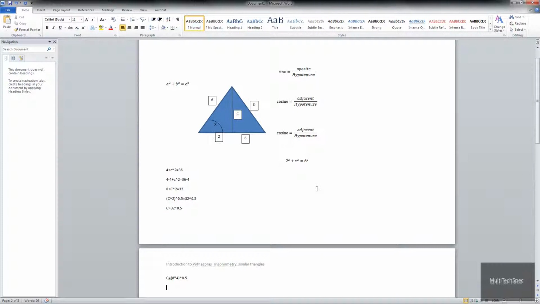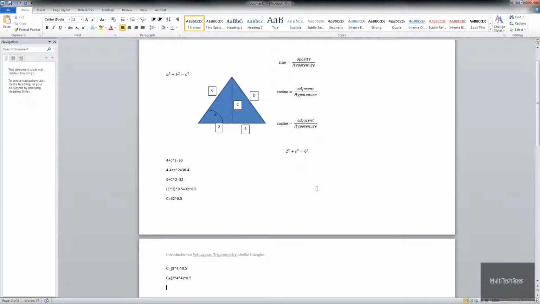Actually, we can break that down even more: 2 times 4 times 4. So that's 8. 8 fours are 32 to the power of half. So that gives us 4 root 2 as the answer.